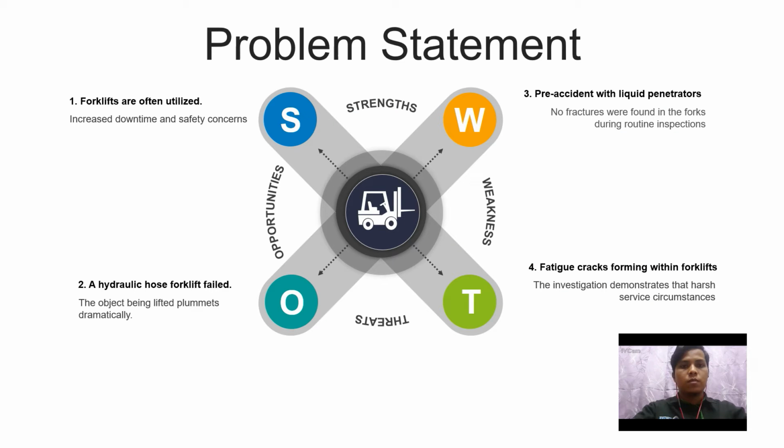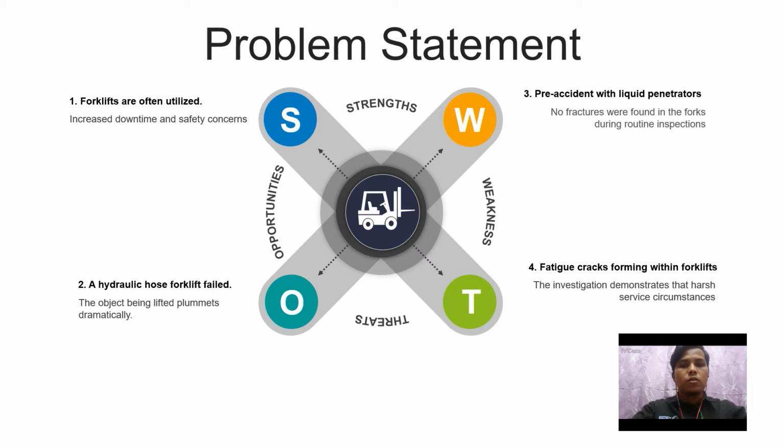For the problem statement of the forklift forks, since forklifts are regularly used, problems will likely occur, resulting in increased downtime and safety concerns. Recently, a hydraulic hose on a forklift truck failed, resulting in a dramatic drop of the item being lifted.